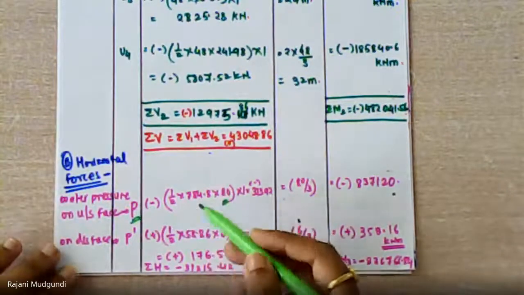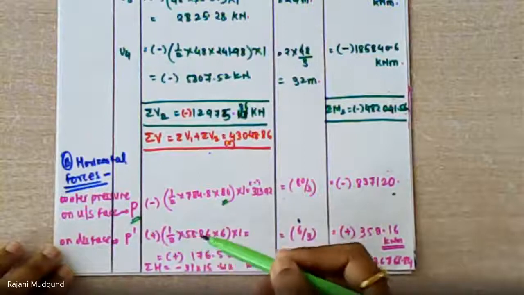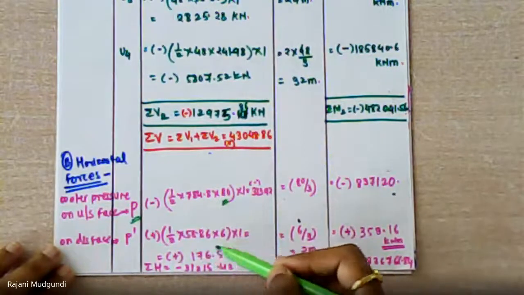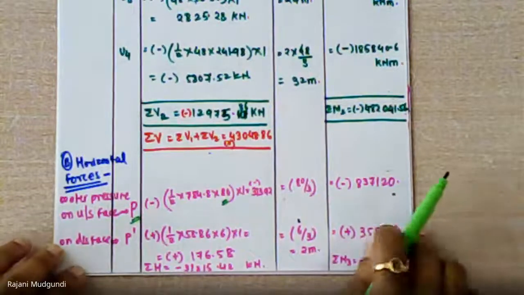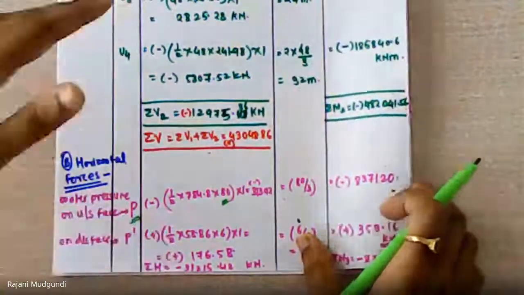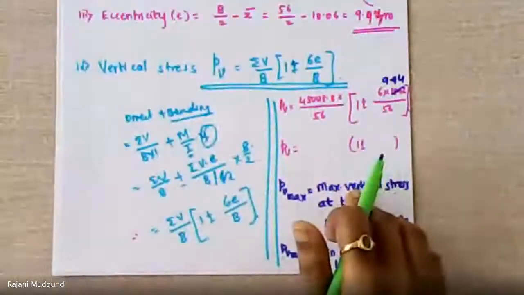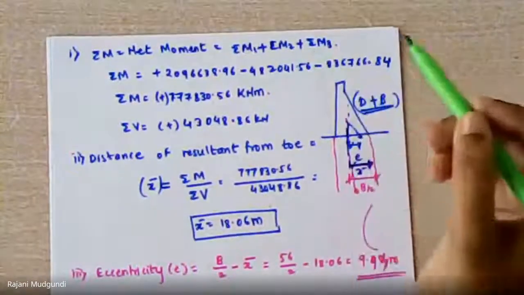Similar to the earlier one, here also it is the area of the triangular hydrostatic pressure distribution that we have plotted, so half base into height, and in the third dimension we have length as 1 meter. So summation H is known, summation M3 is known. Sum of M1, M2, M3 will be the net moment. Fine. So the net moment we have calculated.